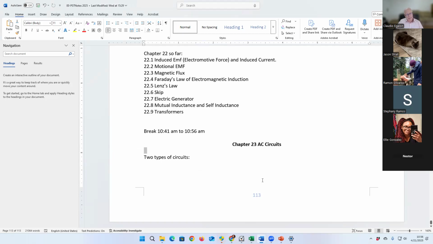But when the current and the voltages start to change, we are going to have some things that have a different behavior. So here you go, two different types of circuits: DC circuits and AC circuits.